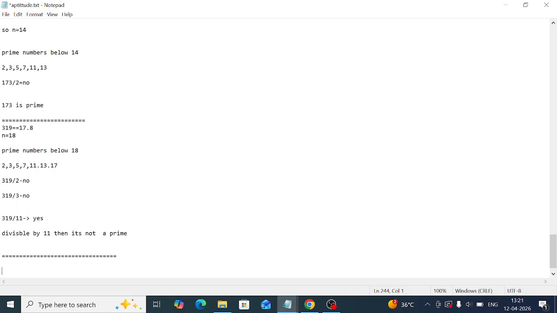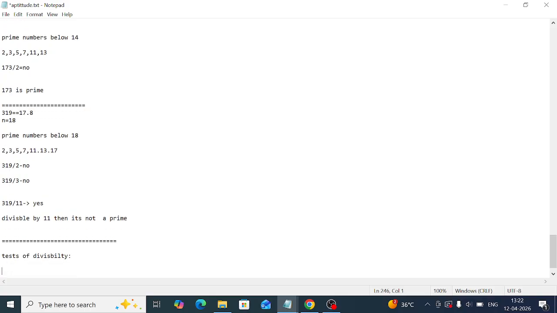Next, tests of divisibility. This unit is very important. When do you say a number is divisible by 2?